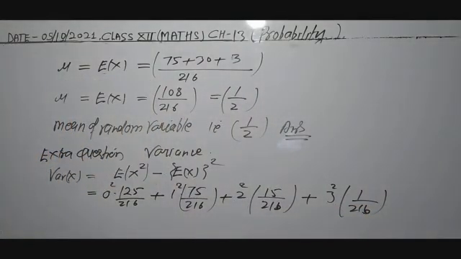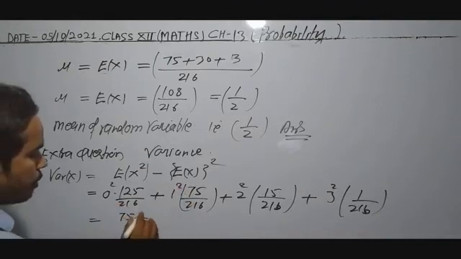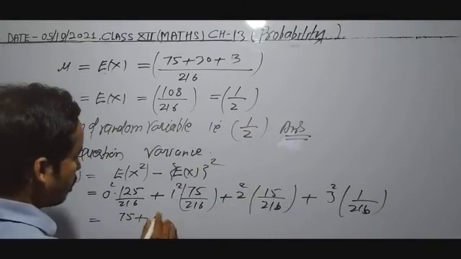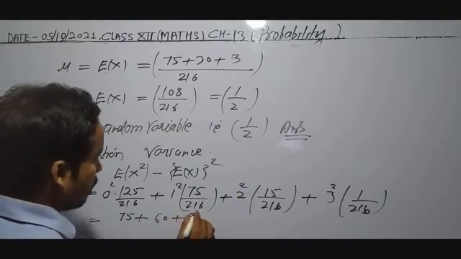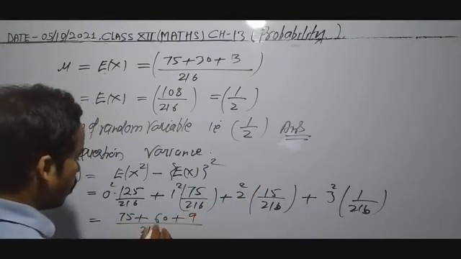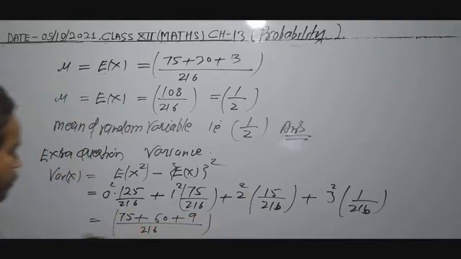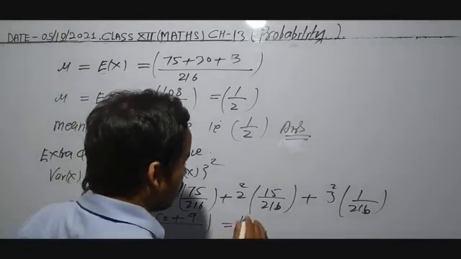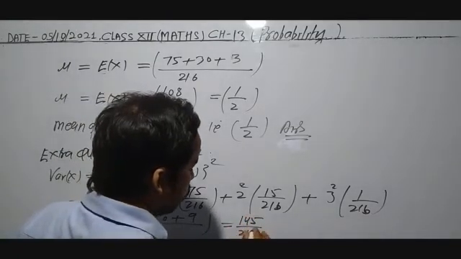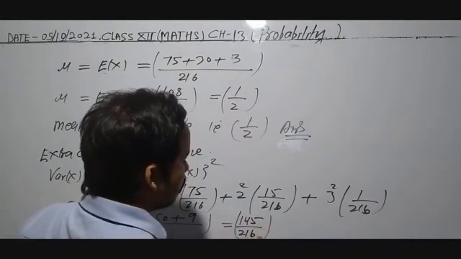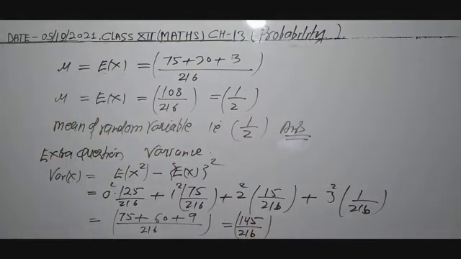After calculation, this is 75, plus 60, plus 9, whole upon 216. So 75 plus 60 is 135, 135 plus 9 is 144... the result is 145 by 216. This is the calculation of E of x square.